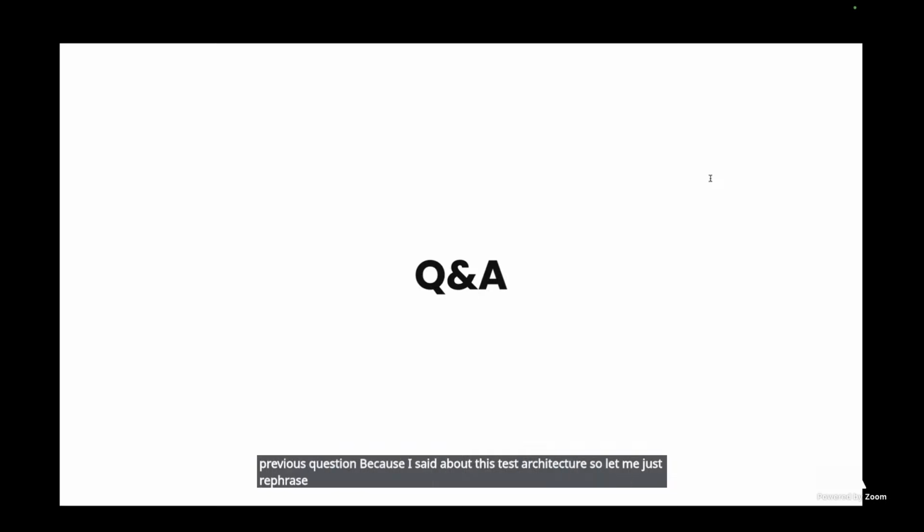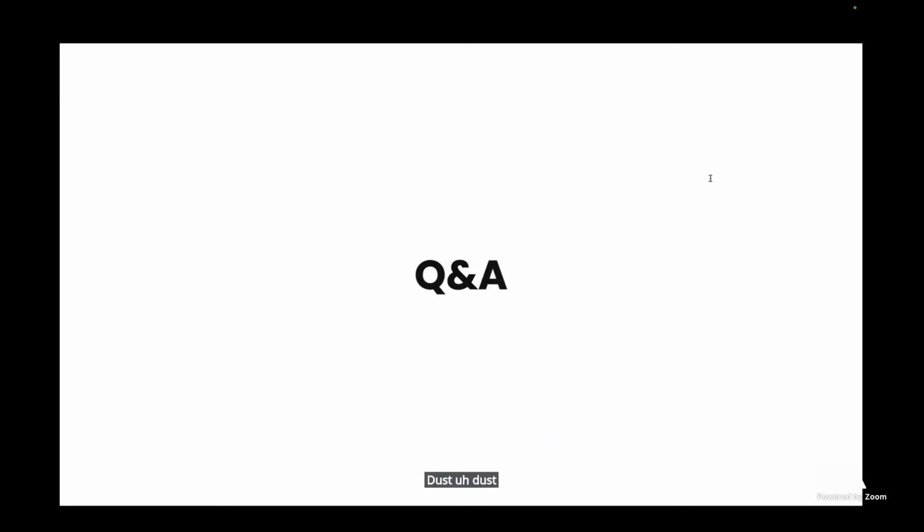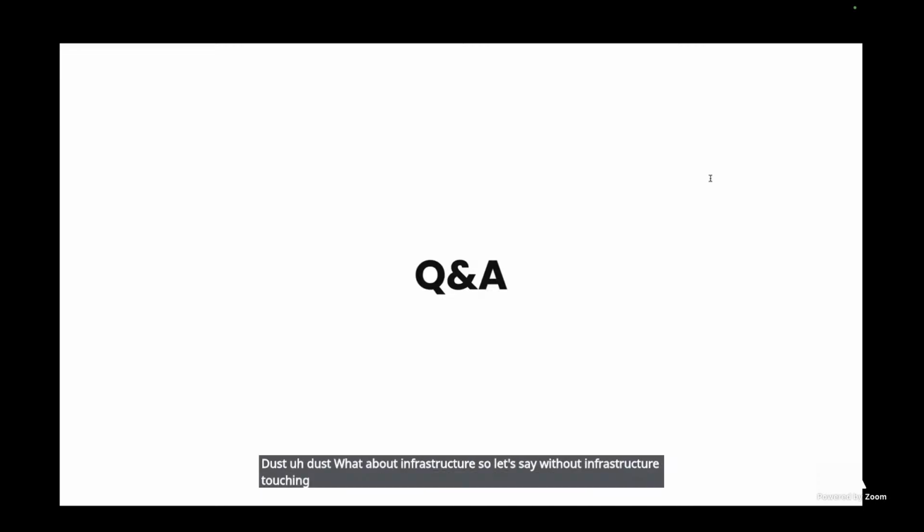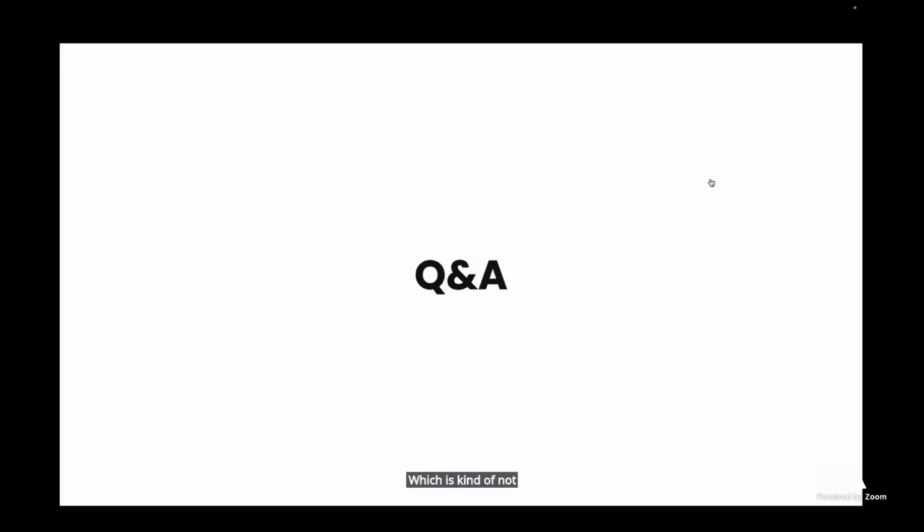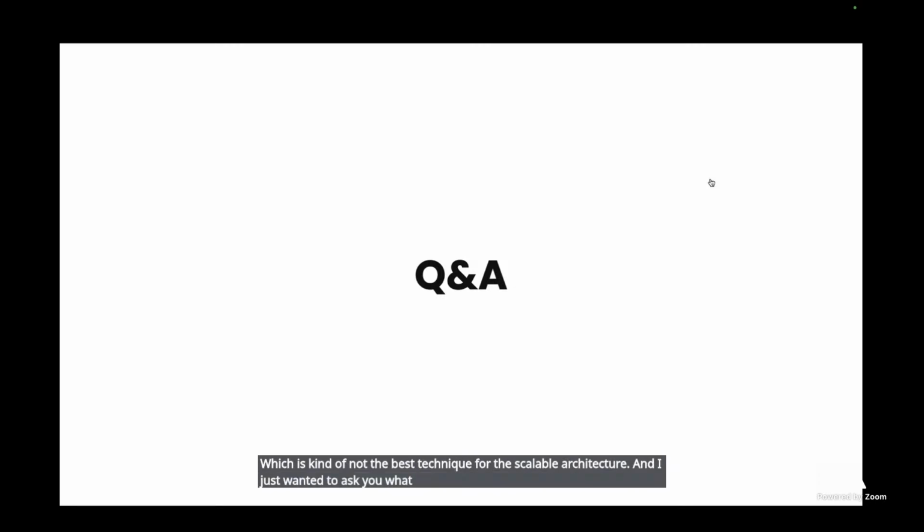What I wanted to do was test my app, my plugin, without infrastructure, so without touching any Jira features, just to isolate it. As I can see, the only technique you showed was to use this Jest mock, which is not the best technique for a testable architecture. Is there any other recommendation for how we can test our whole plugin without touching the Forge infrastructure?